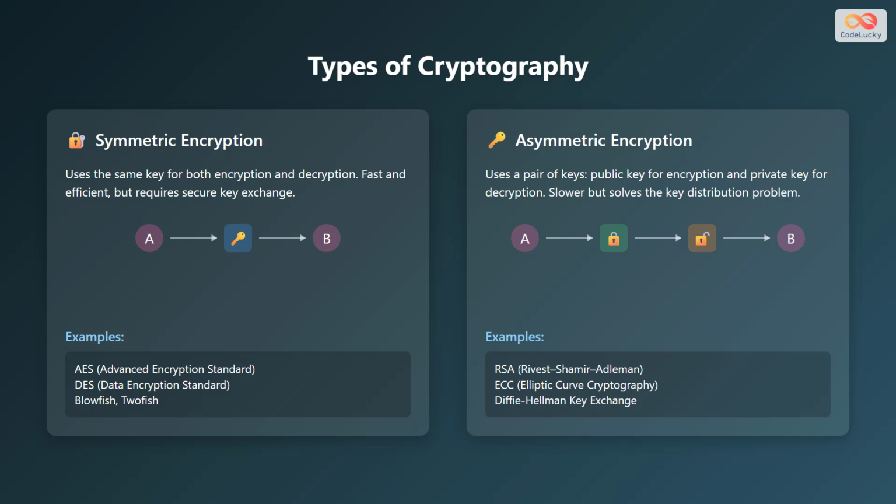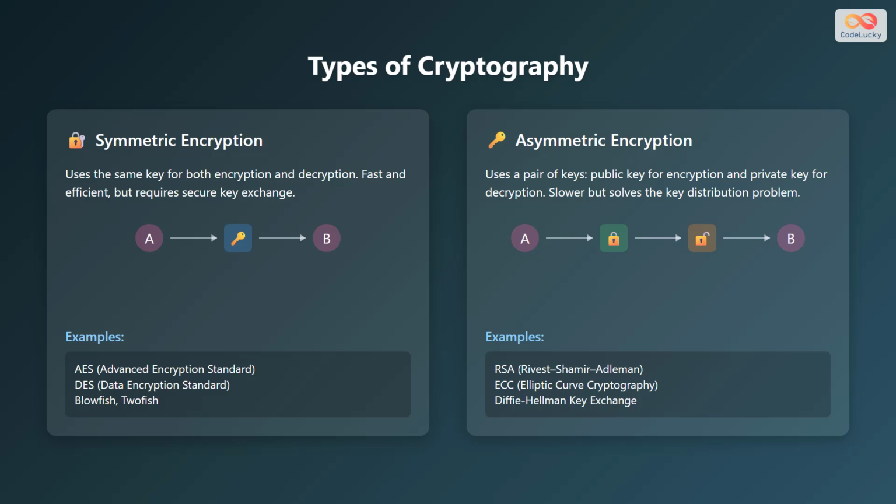Cryptography can be broadly classified into two main types: symmetric encryption and asymmetric encryption. Symmetric encryption uses the same key for both encryption and decryption. It is fast and efficient, but requires a secure method for key exchange between parties. Examples of symmetric encryption algorithms include Advanced Encryption Standard, Data Encryption Standard, Blowfish, and Twofish.